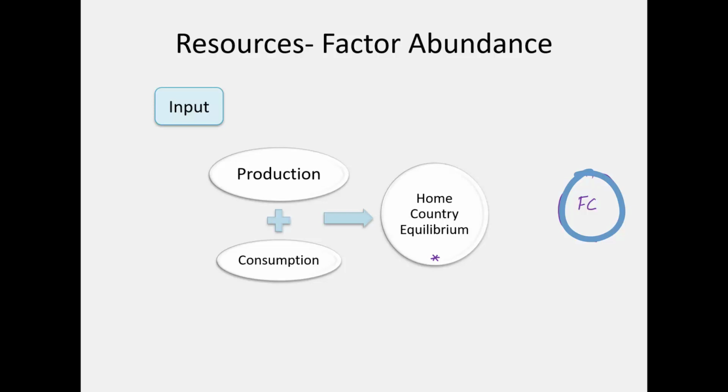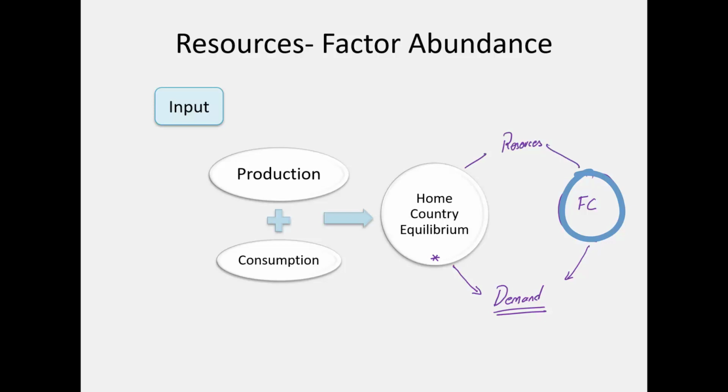So we'll assume that there are resource differences across the two countries, and we're going to assume that the home country is land abundant and the foreign country is labor abundant. Other than that, there are no differences across the two countries. So all the demand conditions are the same, preferences are the same. The only difference is in terms of resources or inputs.